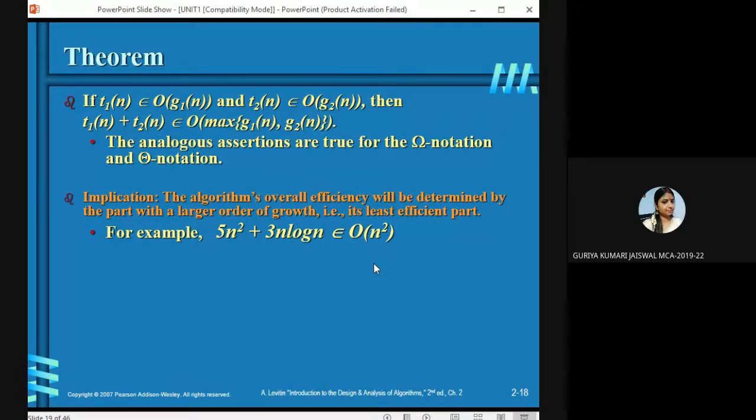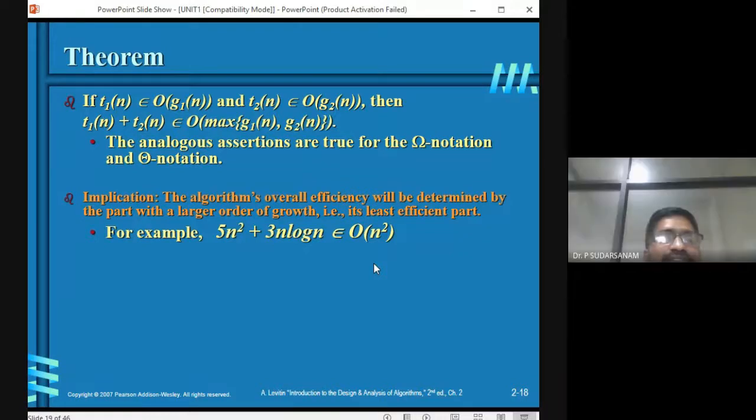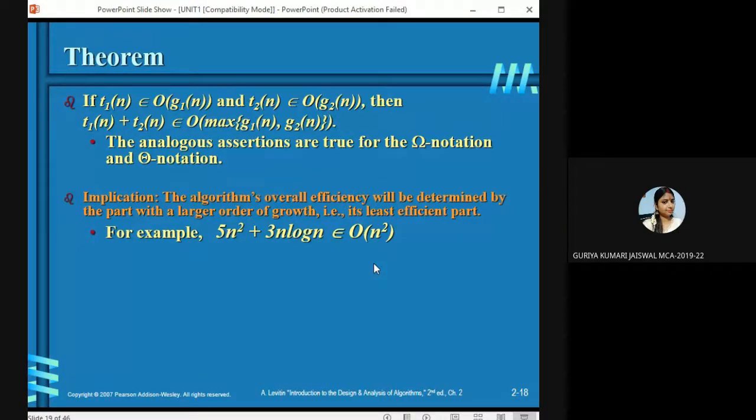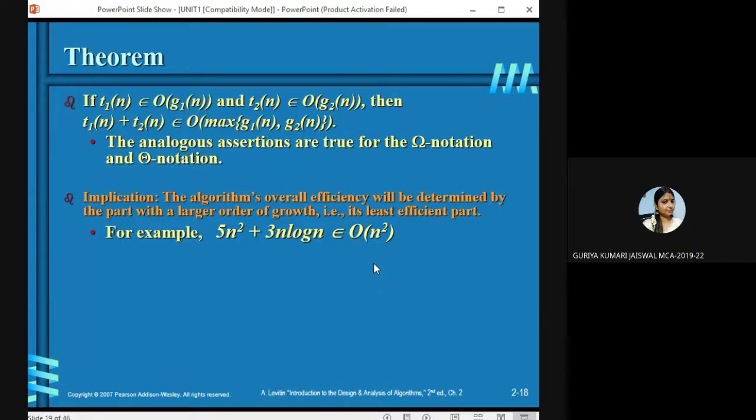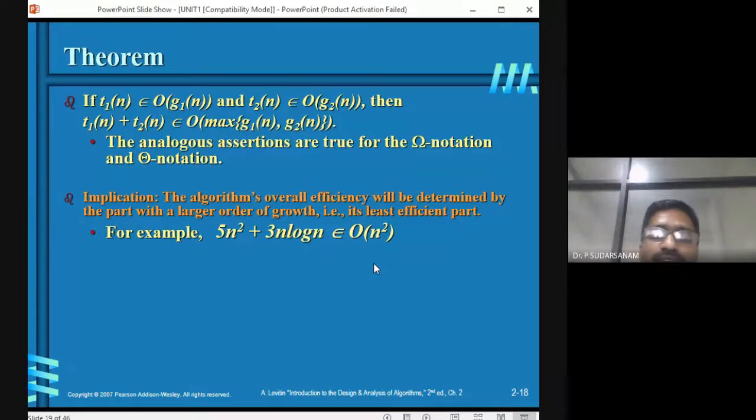If T1 of n belongs to O of g1 of n and T2 of n belongs to O of g2 of n, then T1 of n plus T2 of n belongs to O of max of g1 of n, g2 of n.